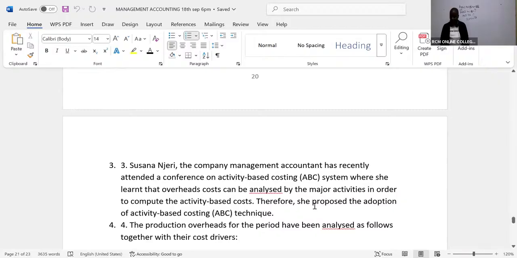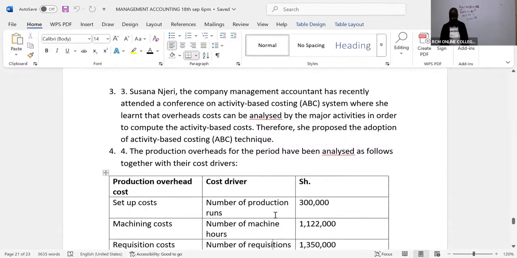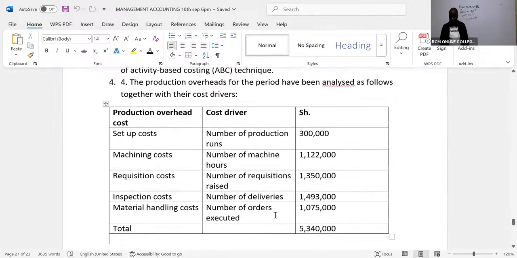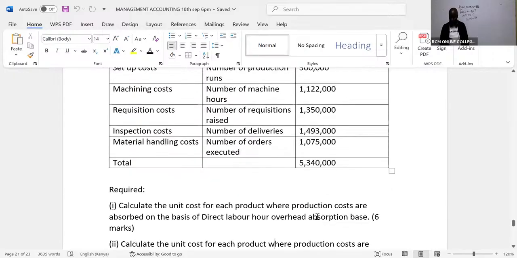Therefore, she proposed the adoption of the ABC technique. The production overheads for the period have been analyzed as follows, and you can see the total overhead is 5,340,000.